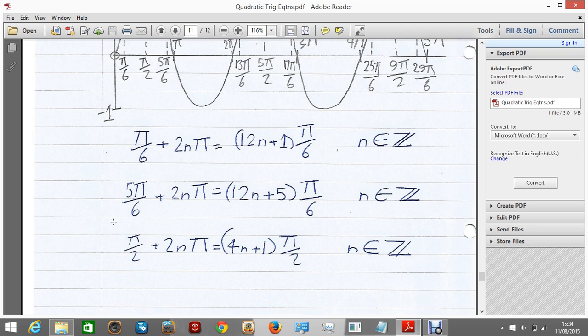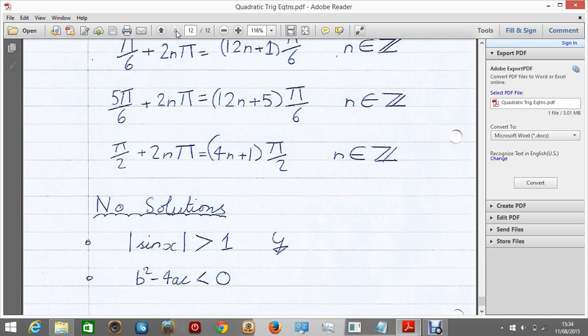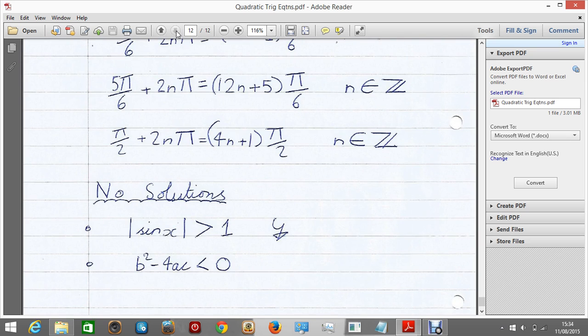The only other case you have to think about now is when there are no solutions. And there are two main reasons that might happen. If when you complete the first part of the question it tells you that the value of sine is either greater than 1 or less than -1, that's a contradiction.